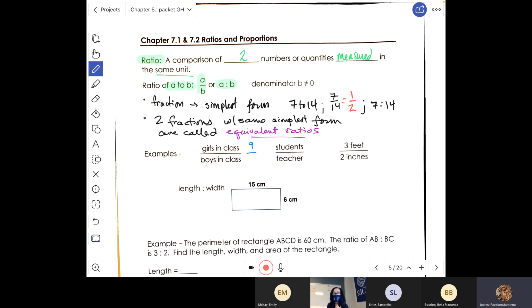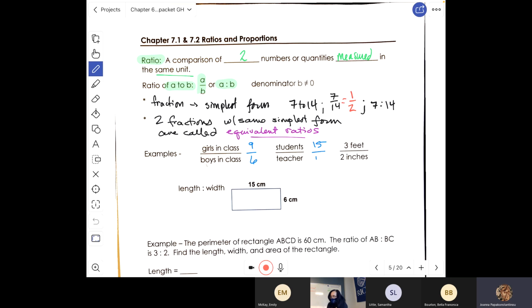How many boys we have in the class? 6. Is that in simplified form? No, we could reduce that to what? 3/2. Okay, good. How many students do we have in total? 15. And there's one of me.